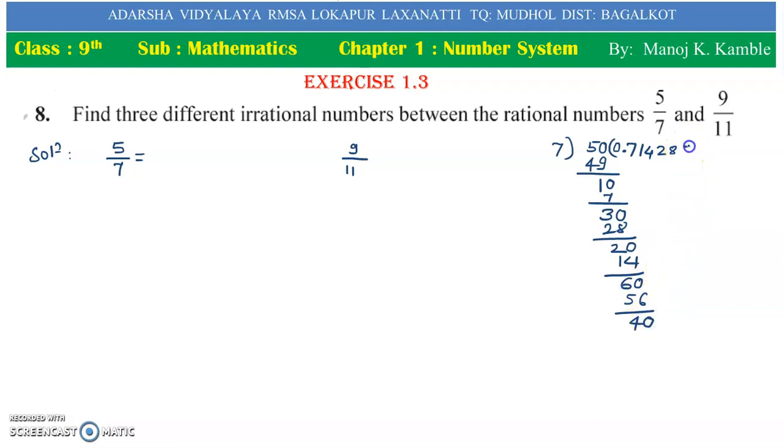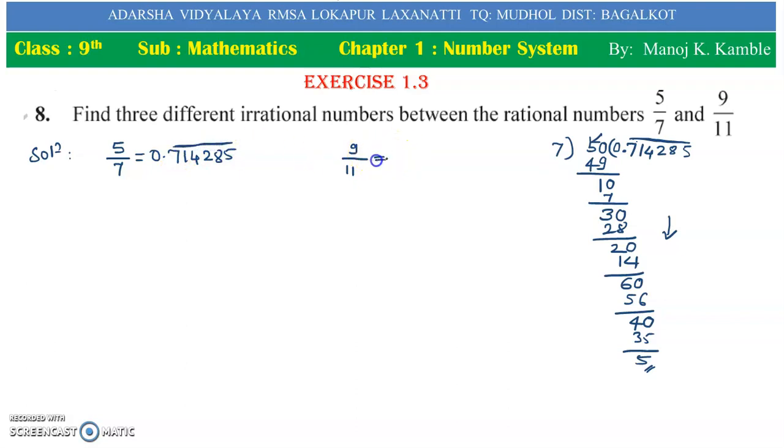Next, 7 fives are 35, remainder is 5. Check here, we started with 5 and here once again 5, so it will repeat. That repetition is nothing but recurring. So the decimal expansion is 0.71428 and it keeps repeating, that is recurring.